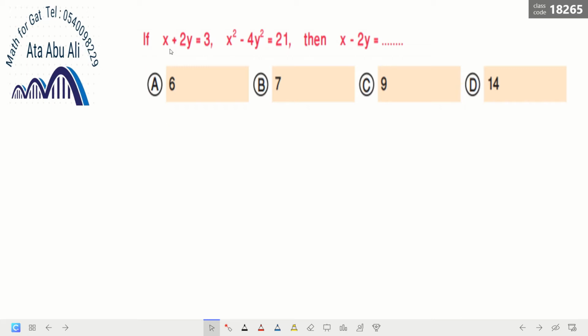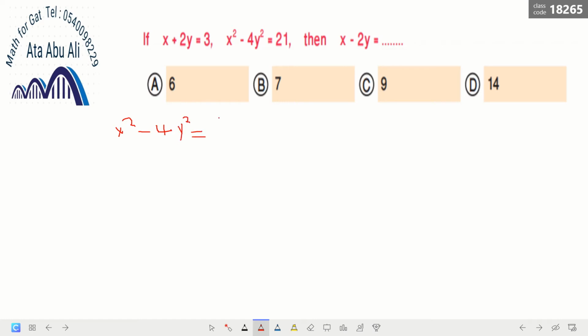Now, if x plus 2y equals 3 and x squared minus 4y squared equals 21, then what is x minus 2y? As you see, x squared minus 4y squared is the difference between two squares.